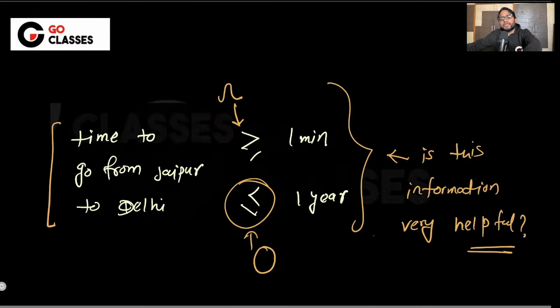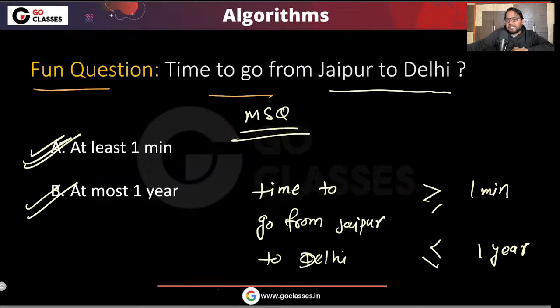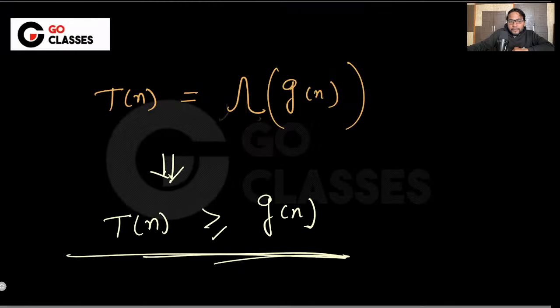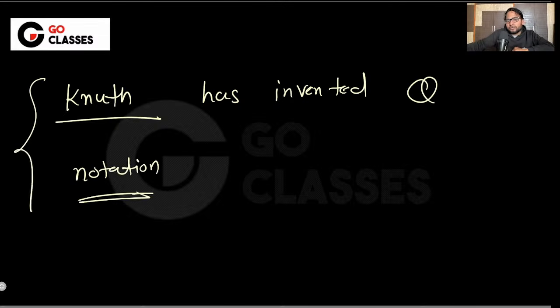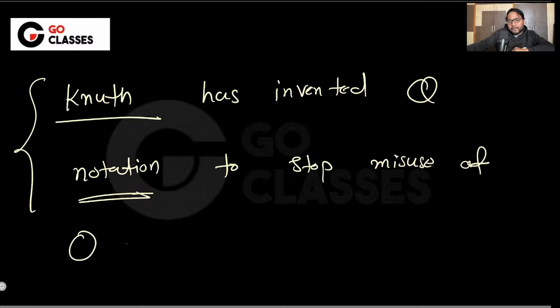Now, as we have seen, this greater than or equal to or less than or equal to might not be much helpful in many of the cases. That is why Knuth, a popular and great scientist, invented theta notation to stop the misuse of big O and big omega.